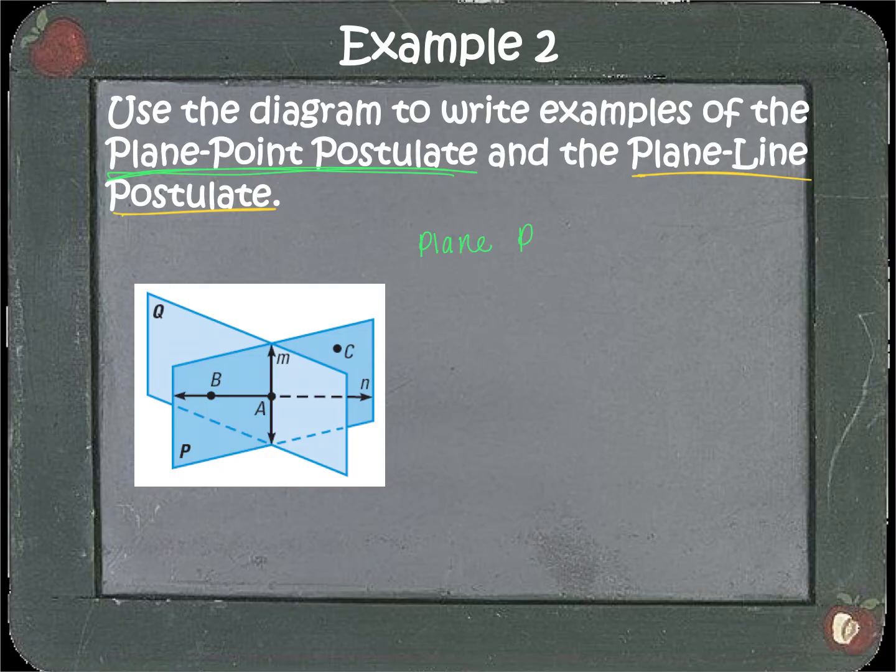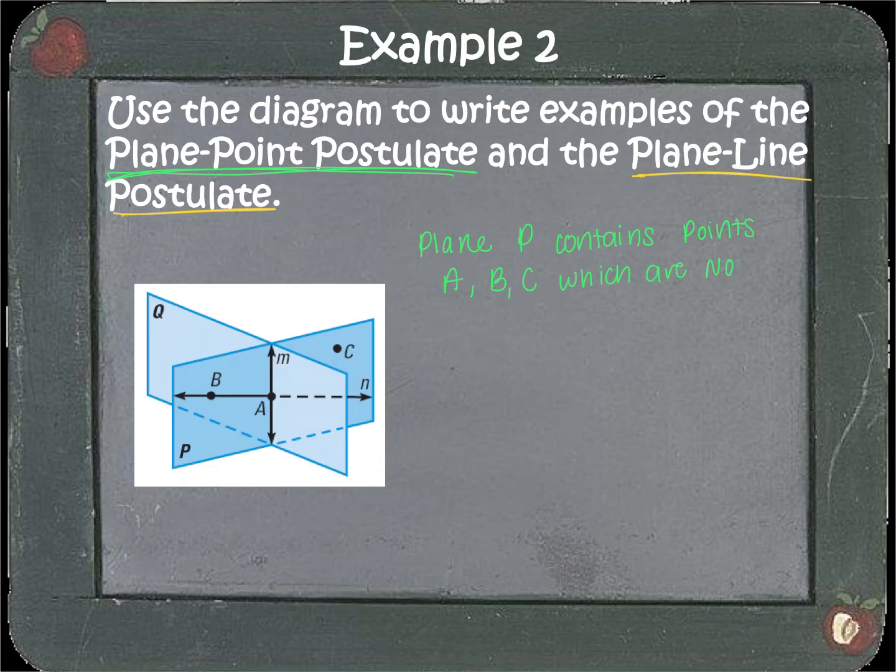Plane P contains points. Oops, my goodness, I can't spell today. Plane P contains points A, B, and C. They're points, so I'm separating them with commas, which are non-collinear.